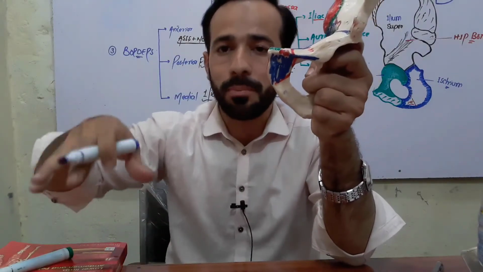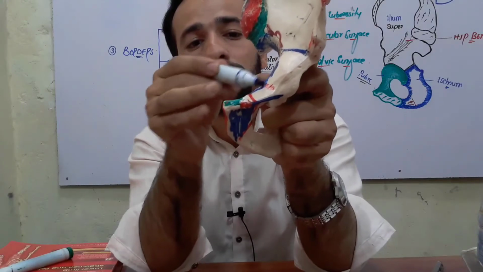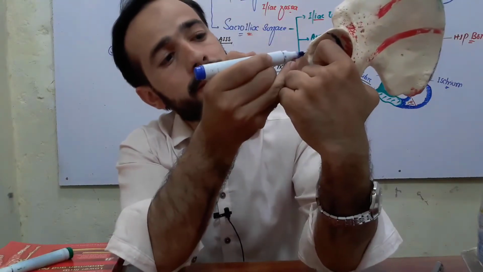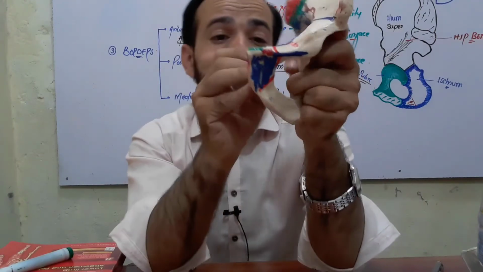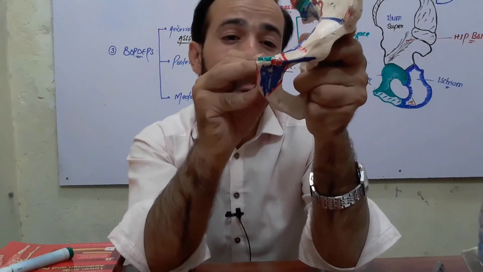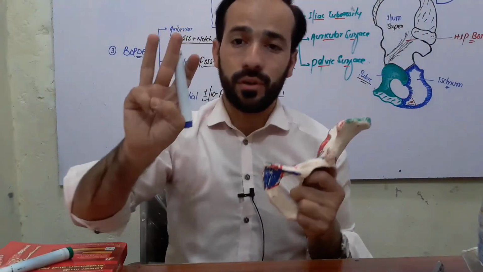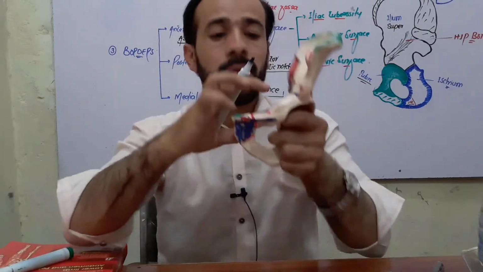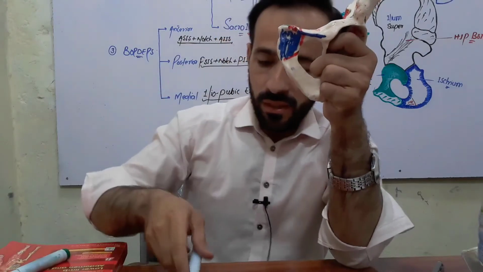If you keep your copy in front of you, you will find all of these. So this is the pectinal line or superior border. Then there is the anterior border, which is called the obturator crest, and then there is the inferior border, as you can see here. So it has three borders: the superior, the anterior and the inferior border.